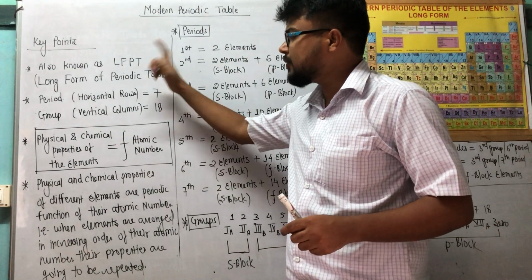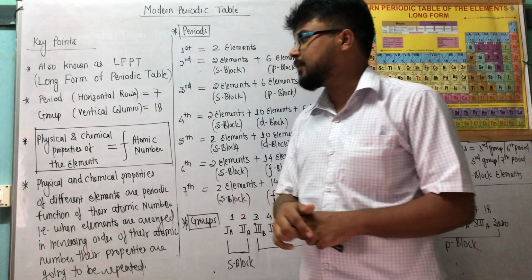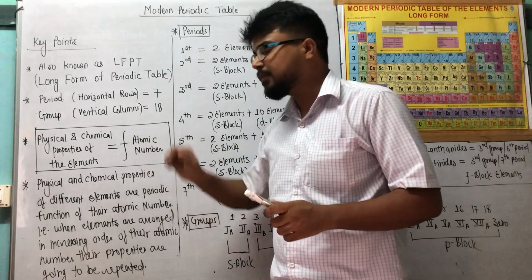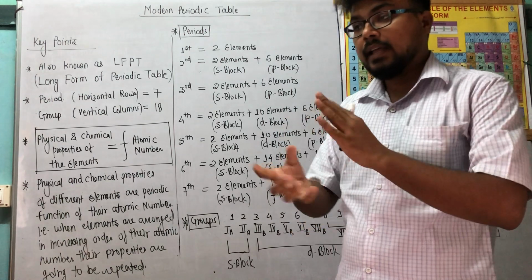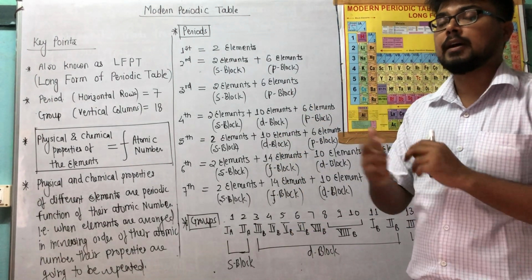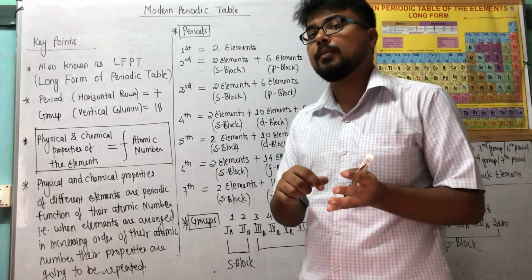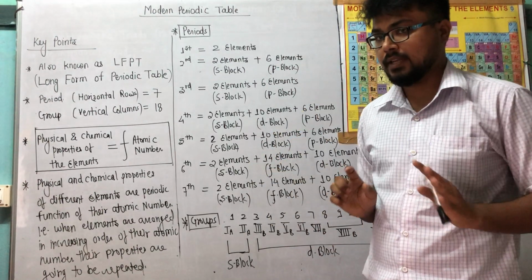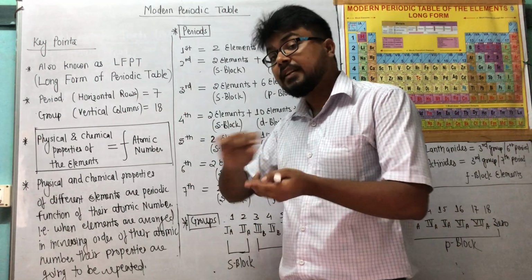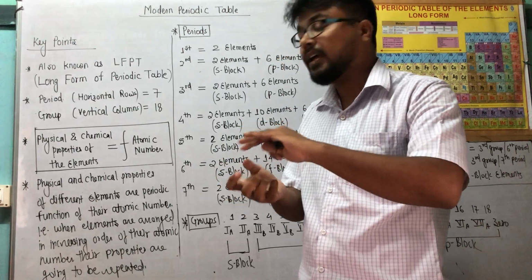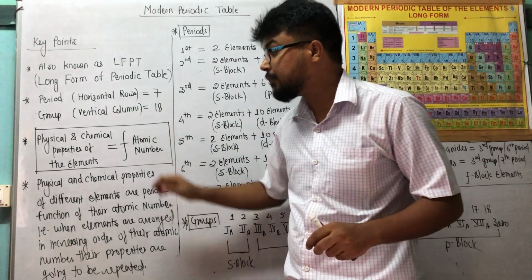Now, according to this periodic table, the physical and chemical properties of the elements are a periodic function of atomic number. Earlier, in the approaches of Dobereiner, Newlands and Mendeleev, the periodic table was based on atomic mass only, correct? But here it is a little different. The properties of the elements are based on atomic number.